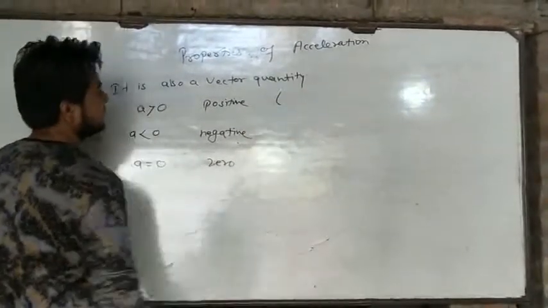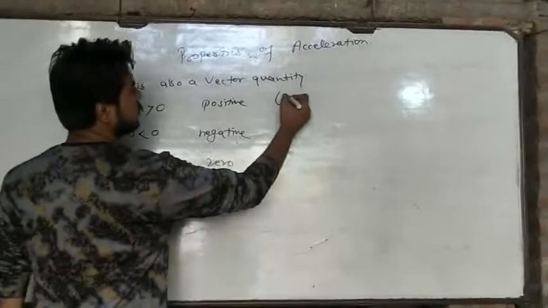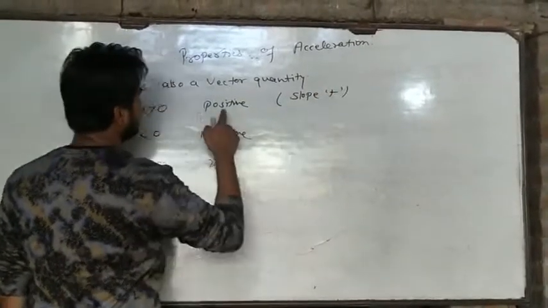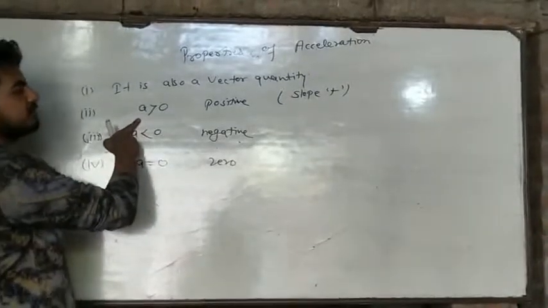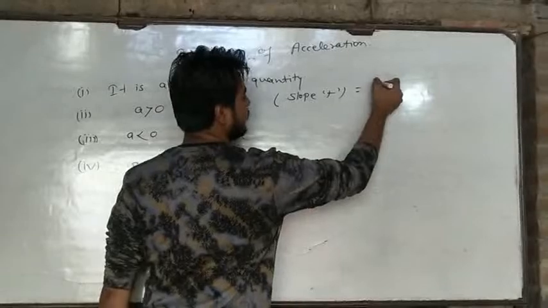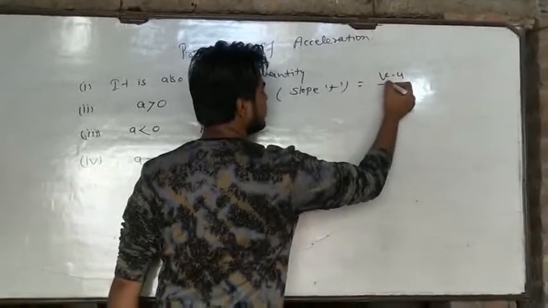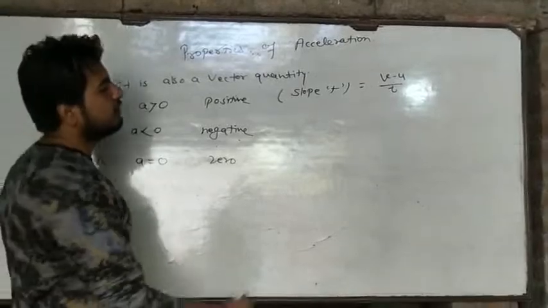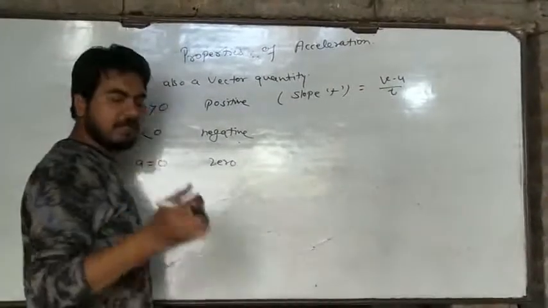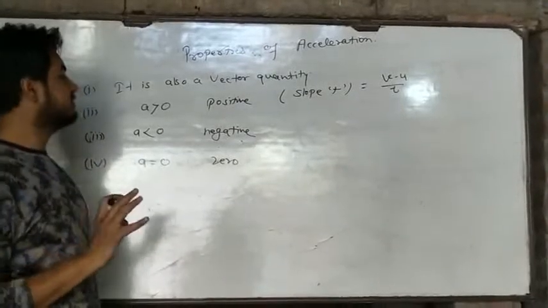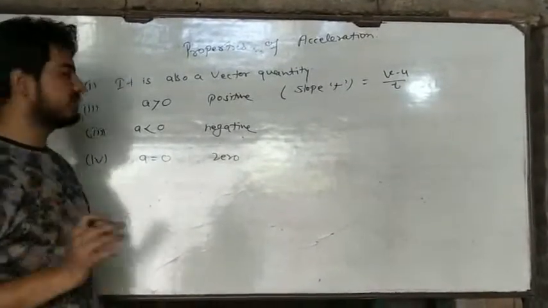So here, if the slope is positive, then acceleration is positive, and slope is equal to v minus u upon t. If the body increases its velocity, acceleration is positive.